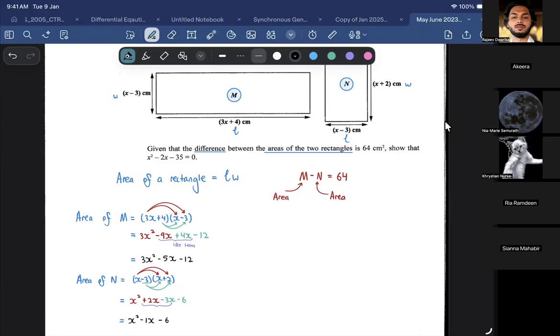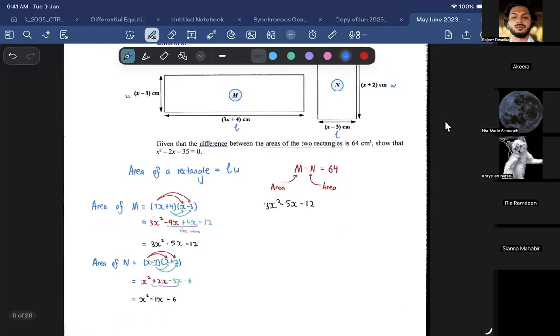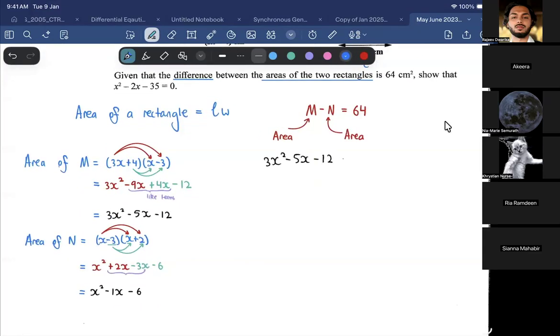So you have to write 3x squared minus 5x minus 12 for M, and then for N, it is x squared minus 1x minus 6.